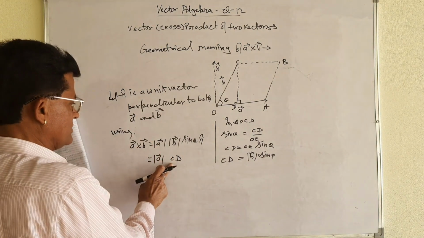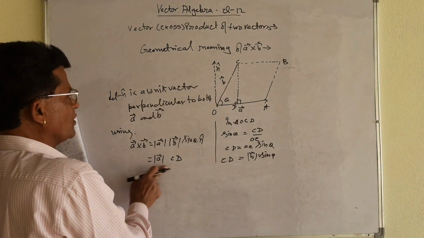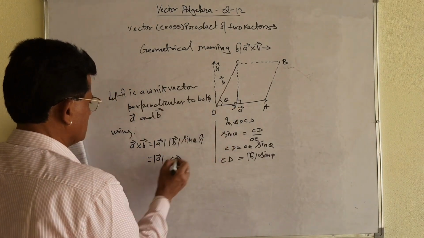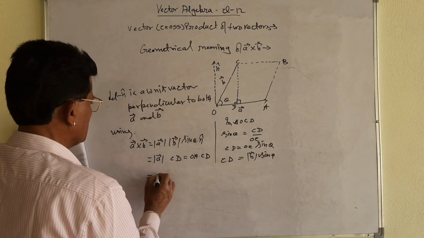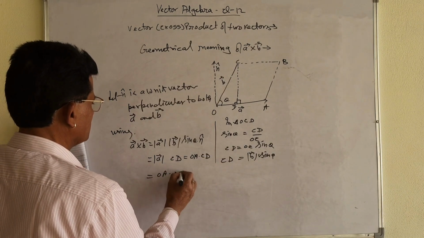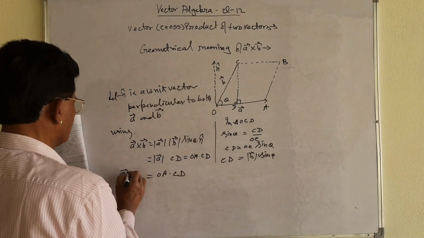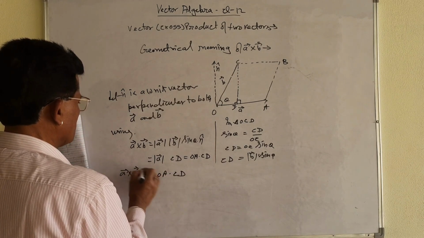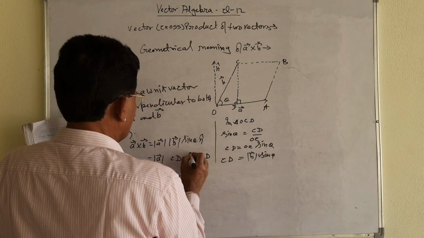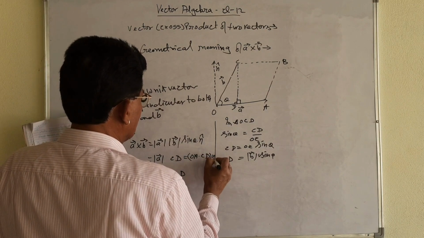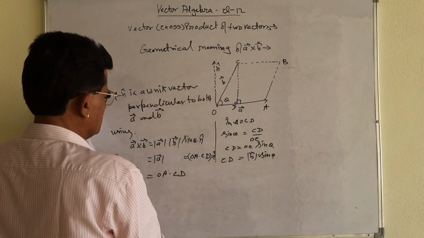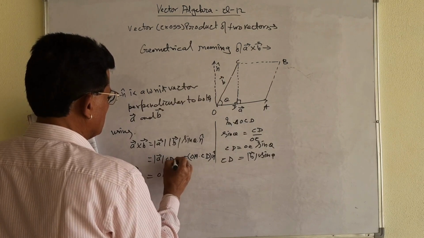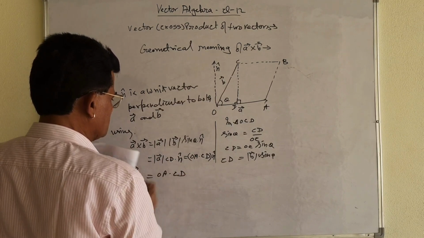And magnitude of A is OA. So OA into CD, that is A cross B, multiplied by the unit vector. Don't forget the unit vector.